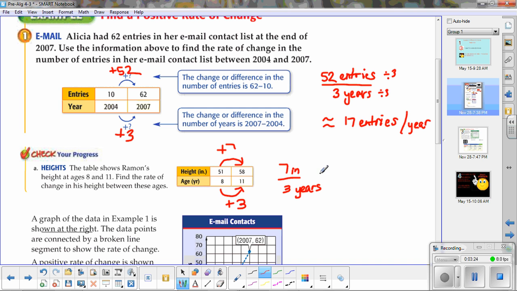And then to figure out how much that is for 1 year, you would divide by 3. 7 divided by 3 is 2 1/3 inches per year. That's the rate of change. His height increased by 2 1/3 inches per year.